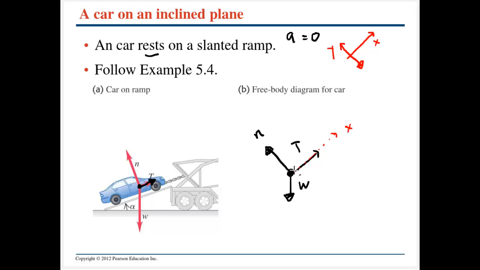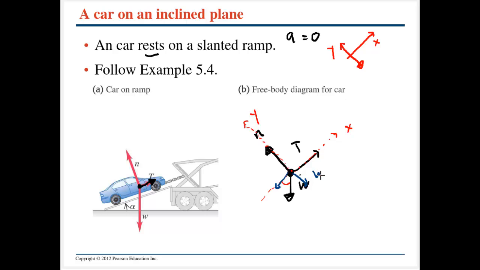So this would be my x-axis, this would be my y-axis. Now I have my tension force and my normal force along that axis, and all I really need to do then is to break my weight up into the components that are along that axis.